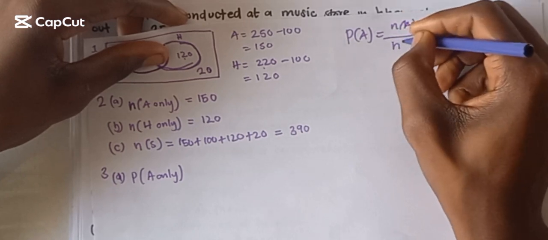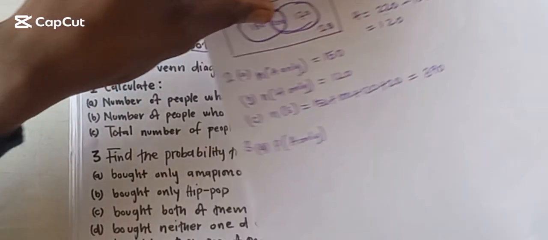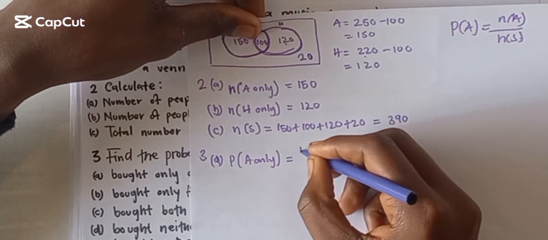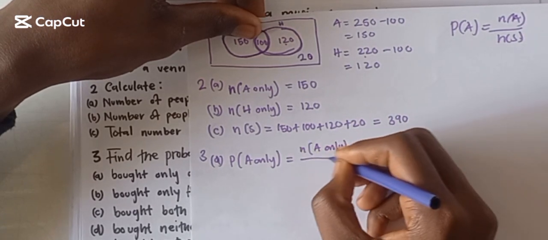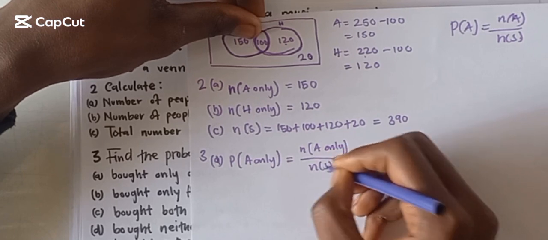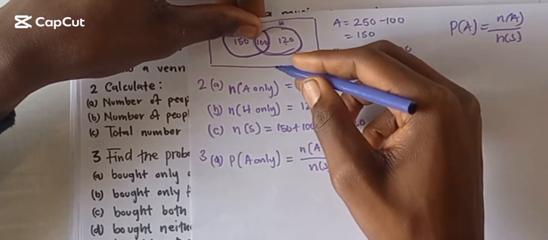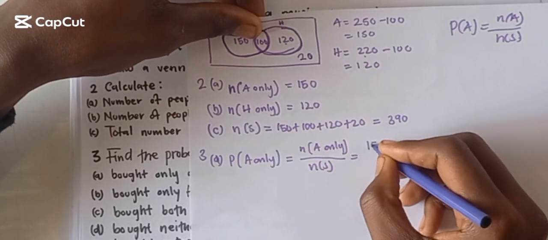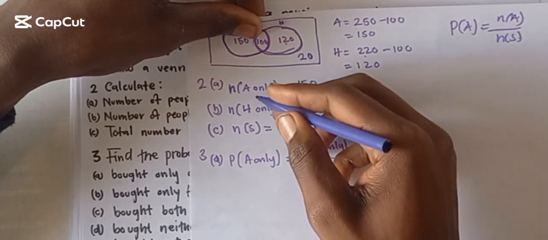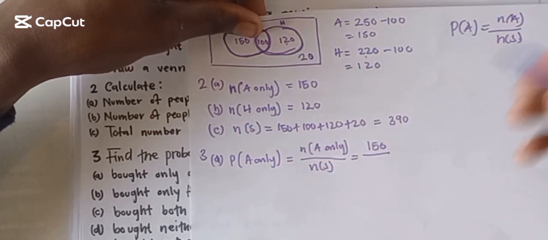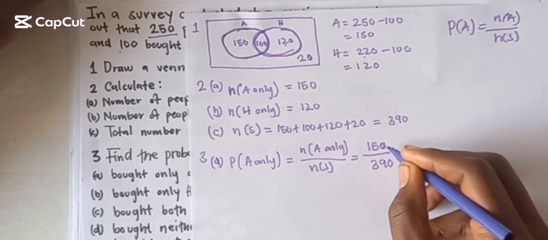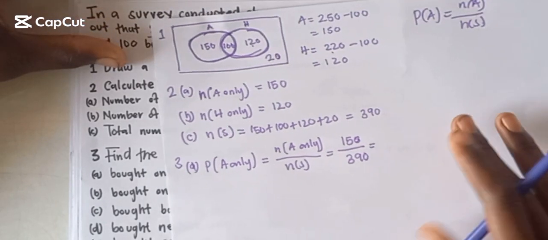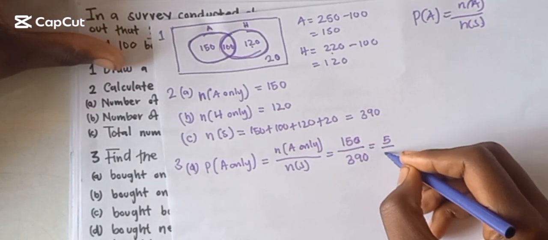By now I hope you know this formula. So we're going to find the total number of A only, and we divide it by what? By the total number of the sample space. For A only, we already calculated it here, which is 150, divided by the sample space, which is the total, 390. So if you work this one out, you're going to get 5 out of 13.